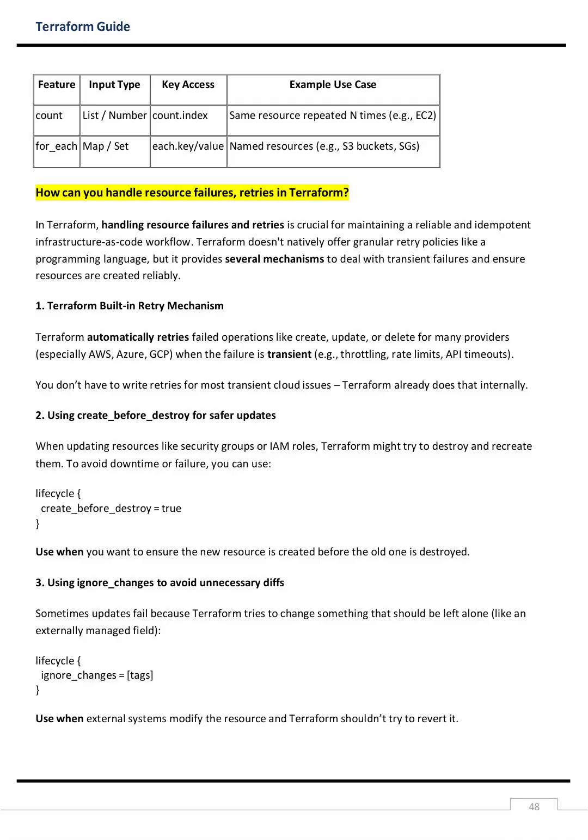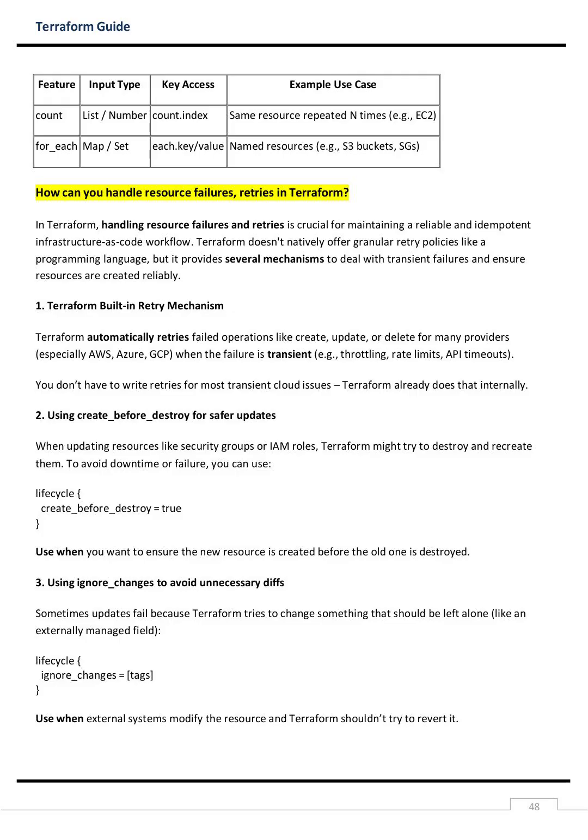Terraform's built-in retry mechanism. Terraform automatically retries failed operations like create, update, or delete for many providers, especially AWS, Azure, and GCP. When the failure is transient, for example, throttling, rate limits, or API timeouts, you don't have to write retries for most transient cloud issues. Terraform already does that internally.